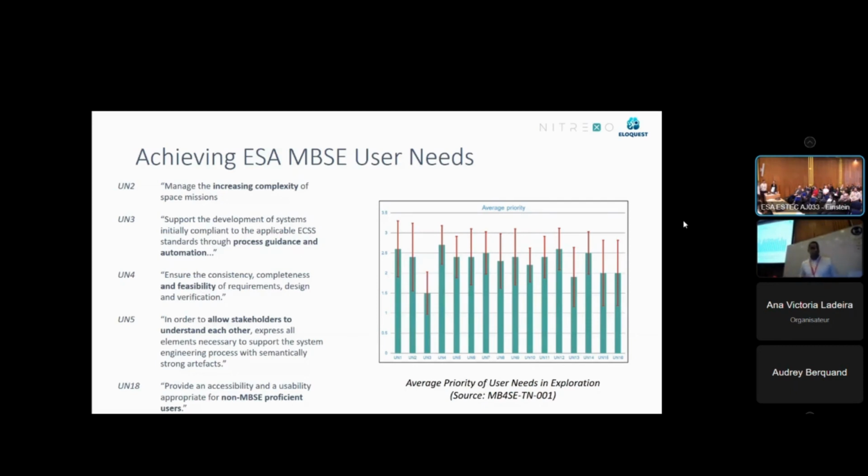So within the MB4SE activity, some of the user needs have been defined by ESA. Managing the increasing complexity of space missions, supporting the compliance with best practices, ensuring the consistency, completeness, and feasibility of requirements and design, and ensuring stakeholders and non-MBSE proficient users are supported in understanding system design.